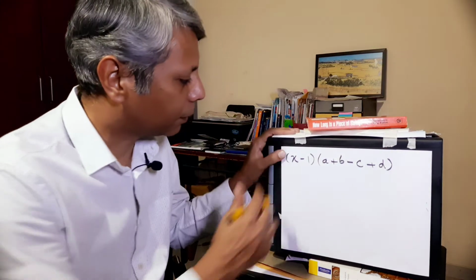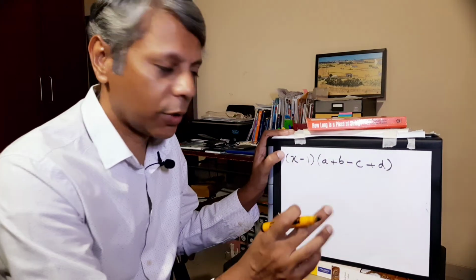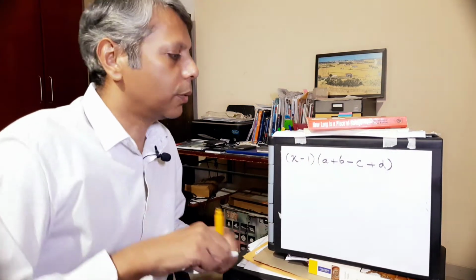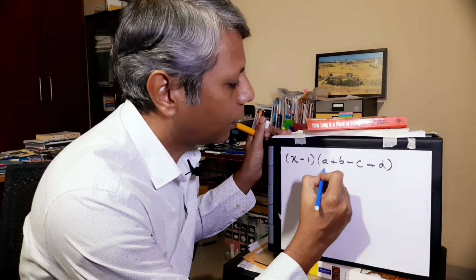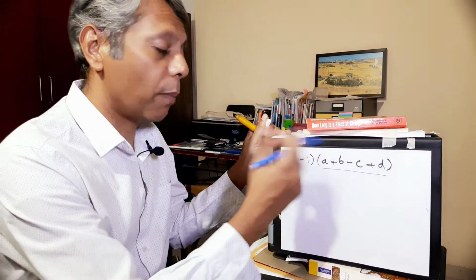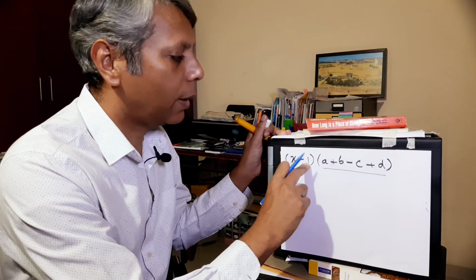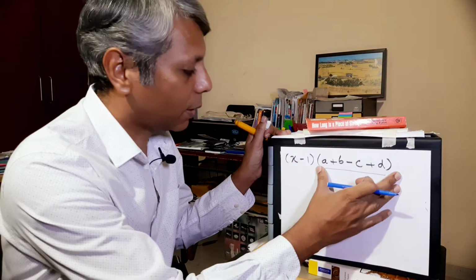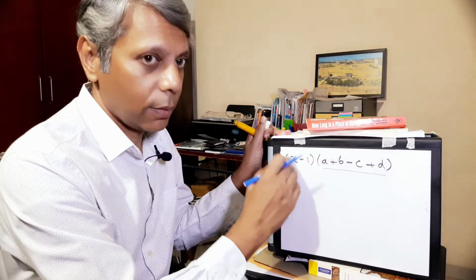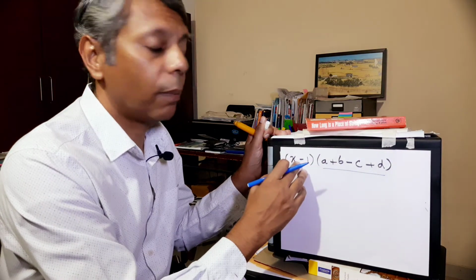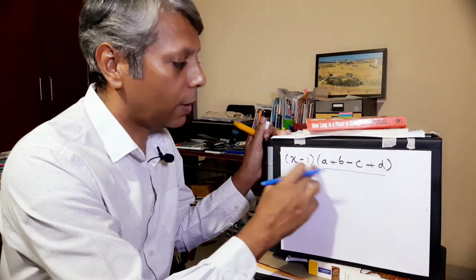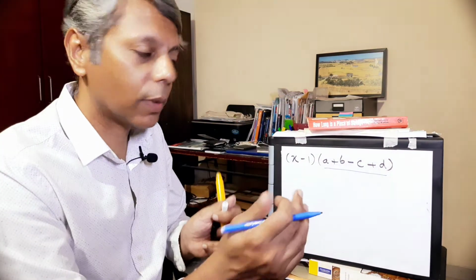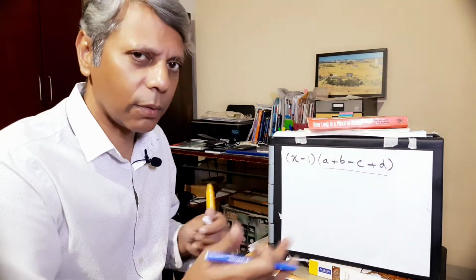Now in this case, what this actually amounts to is x into this entire thing. So x into this full thing, whatever is inside, then minus 1 into this entire thing, or plus in brackets minus 1 into this entire thing, whichever way you write it.